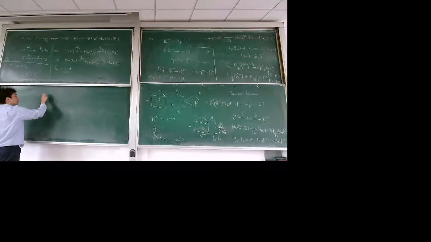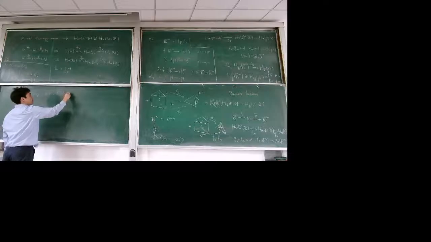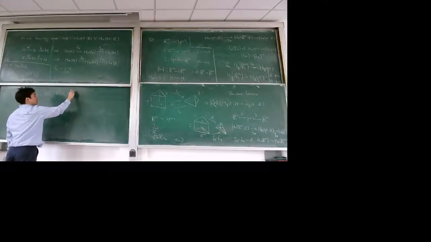So we already know the topology, the homology of Rn, and also Sn, and in the exercise I'm asking you to compute the homology of the Riemann surface sigma G, RP2, and the Klein bottle, and so on.